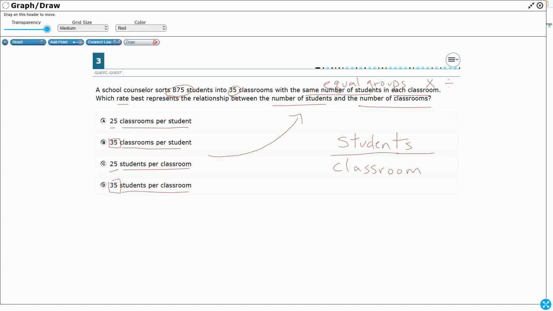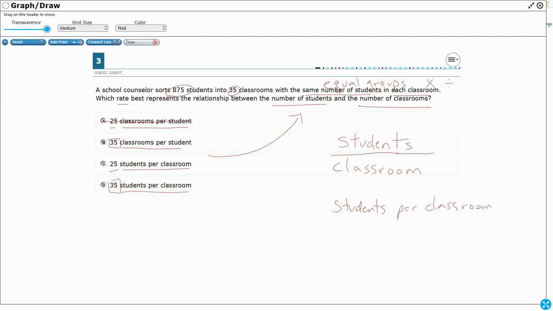Because when we're needing students per classroom, we can also write students per classroom, because you can sort students into classrooms. What you can't do is you can't sort classrooms into students, right? So you can't have different classrooms go into different students.